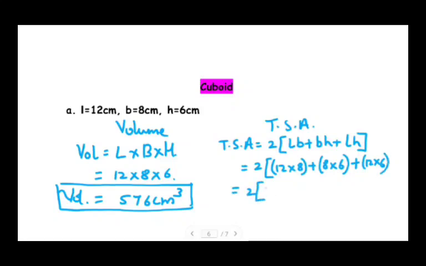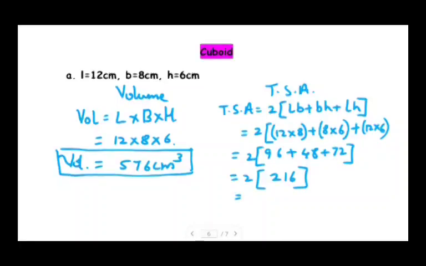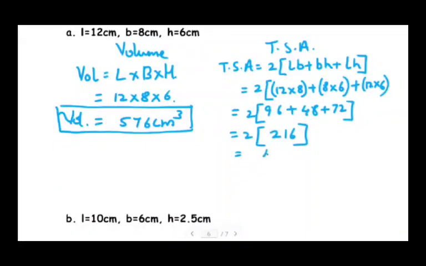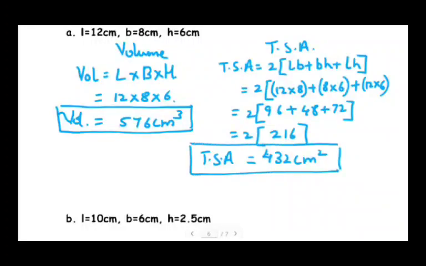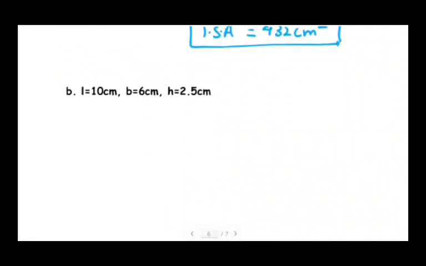Twice, 12 8s are 96, 48, 12 6s are 72. Twice 216, 432 centimeters square. TSA. Just substituting the values of the formula.